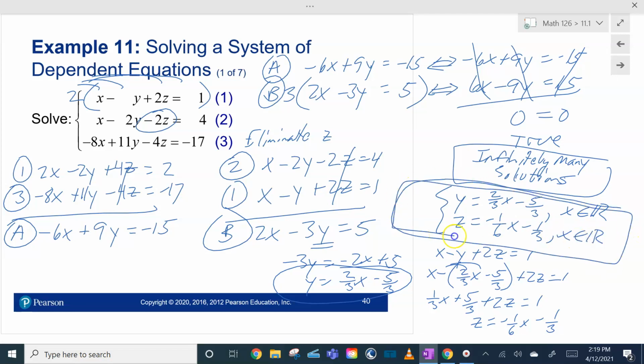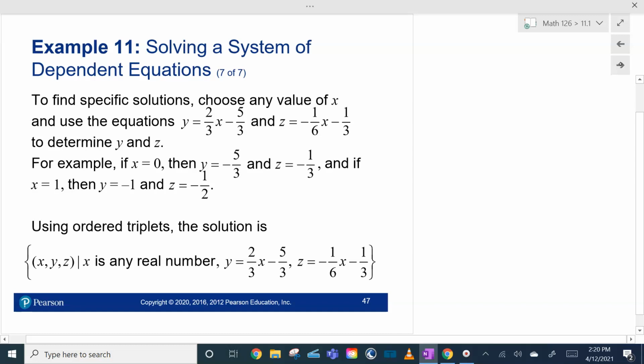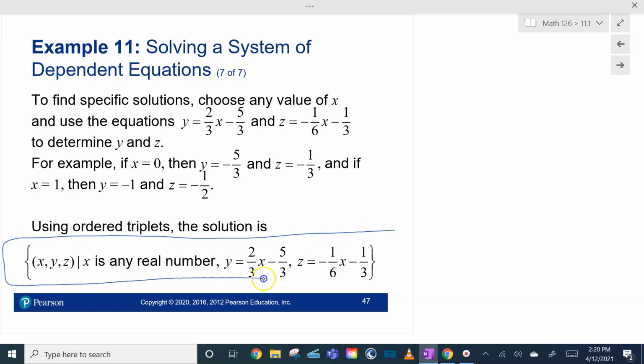So that's how you describe that dependent solution set, so that has infinitely many solutions there. Okay? Here's your solution in set notation if you want to write it: x, y, z such that x is any real number.